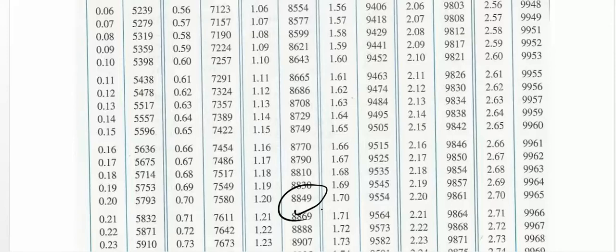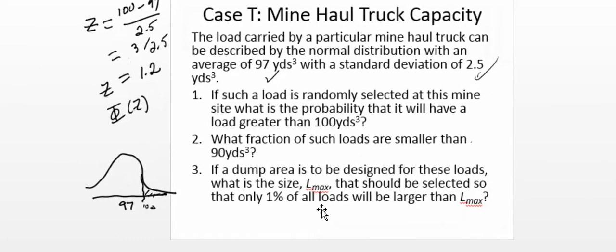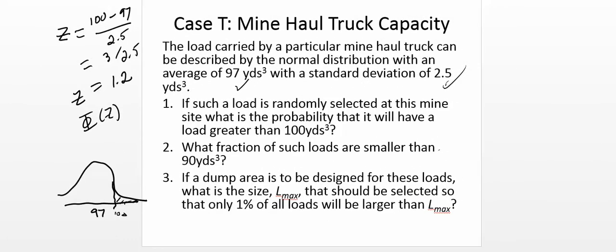That was this lump, and we want 1 minus 0.8849, because 1 minus 0.8849 is this portion, and that's what we want.